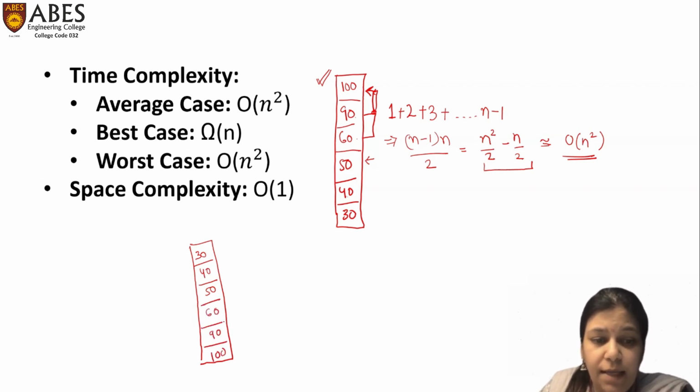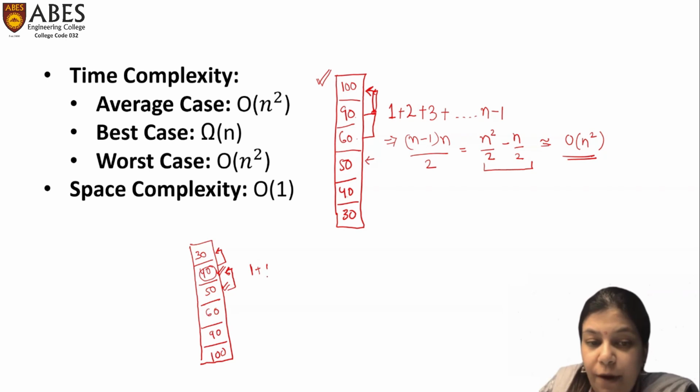So you can see that when we start selecting the key value from the second element and compare it with the previous element, there will be only one comparison. When we select the next key, that is 50, it will only be required to compare it with one previous element only, because this 40 is less than 50 and the while loop will break and we will come out of it.